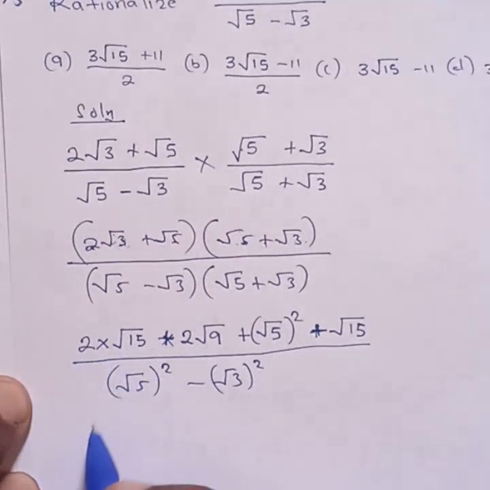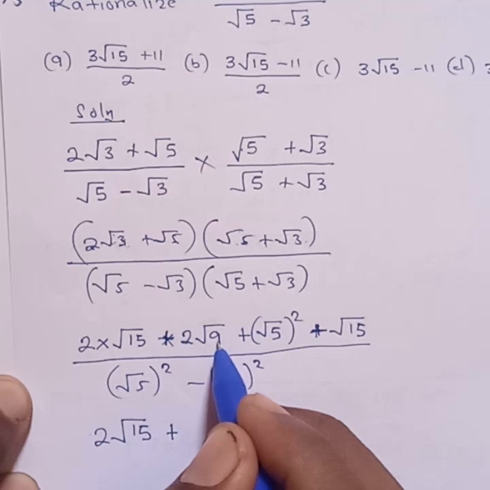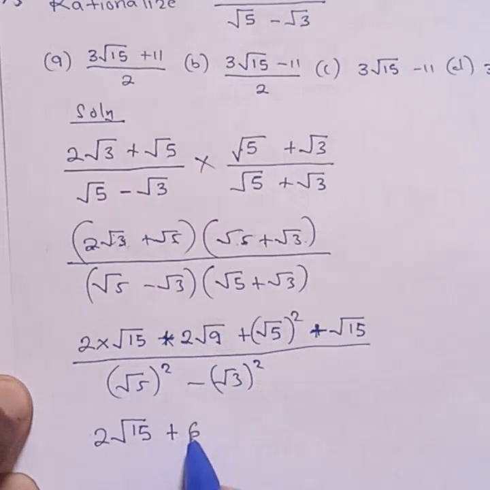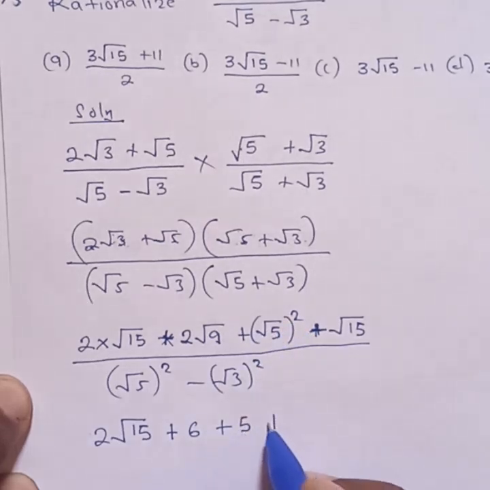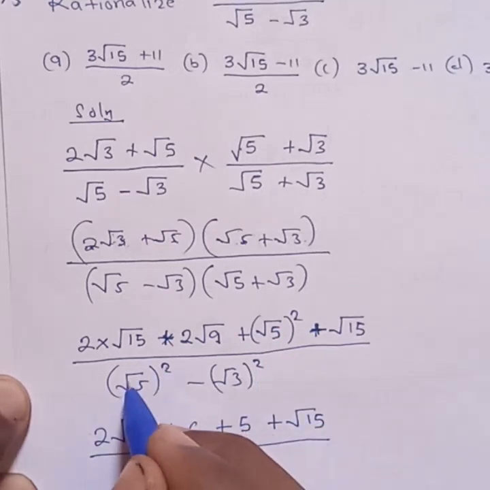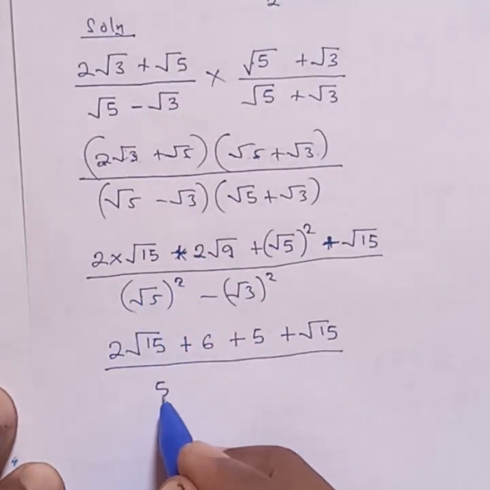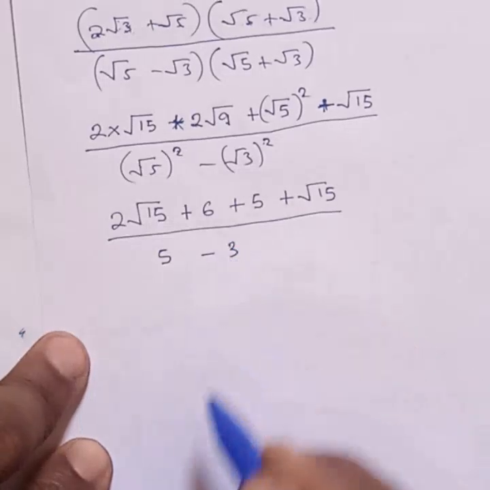This is 2 times root 5, we have root 15, we have 2 root 15 plus 2 times, this is square root of 9, square root of 9 is 3, so we have 2 times 3, which is 6, then plus, remember square will cancel square root, we have 6 plus 5, then plus root 15, all over, square will cancel square root, so we will have 5 minus, square will cancel square root, we will have 3.